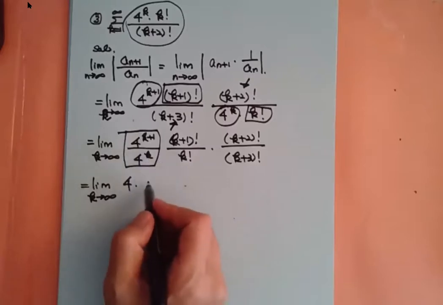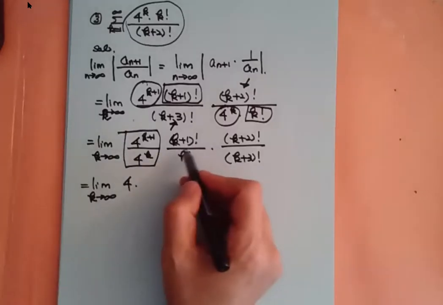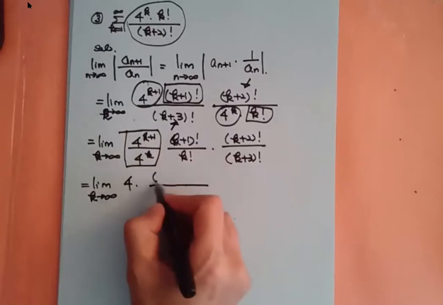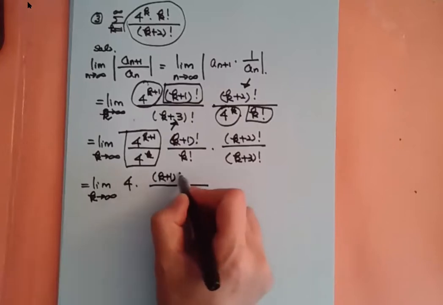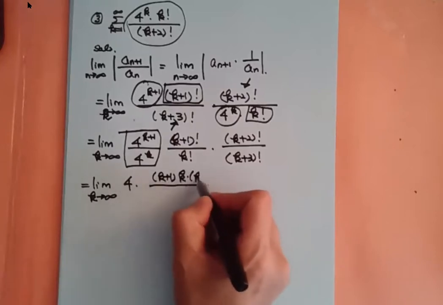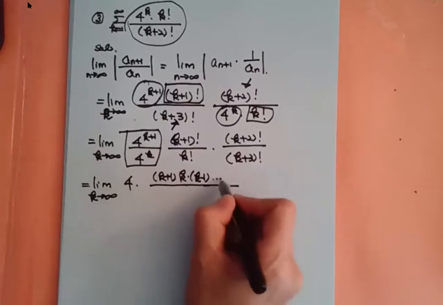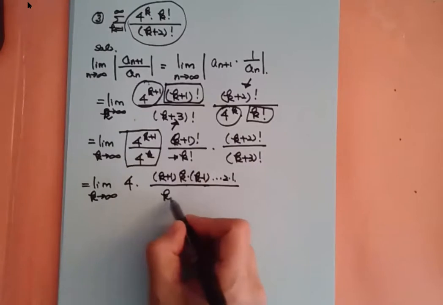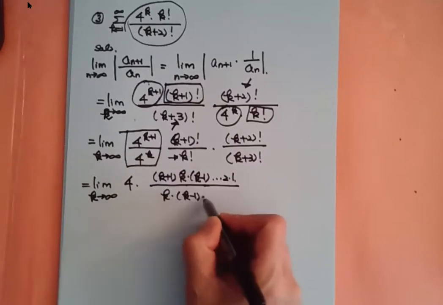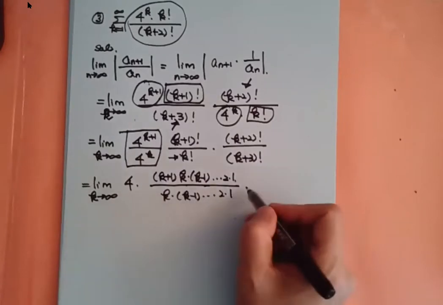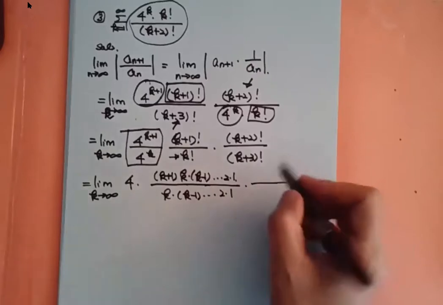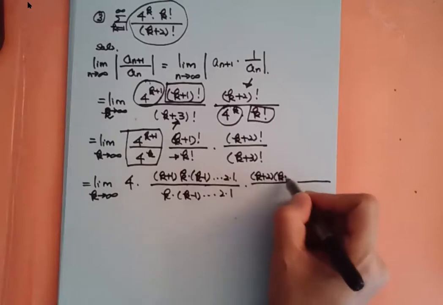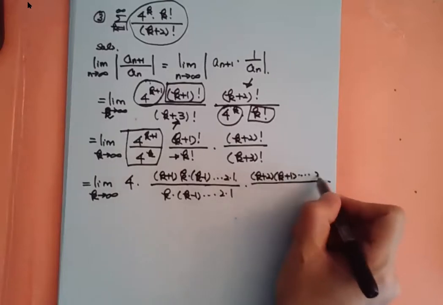For the second part, let's just write it down. (k plus 1) factorial is k plus 1 times k times k minus 1, down to 2 times 1. And k factorial is k times k minus 1, down to 2 times 1. The next one is k plus 2 times k plus 1, down to 2 times 1.